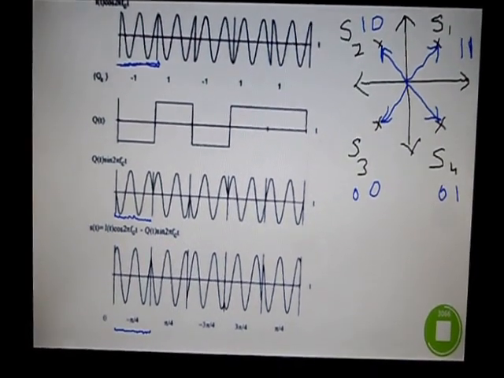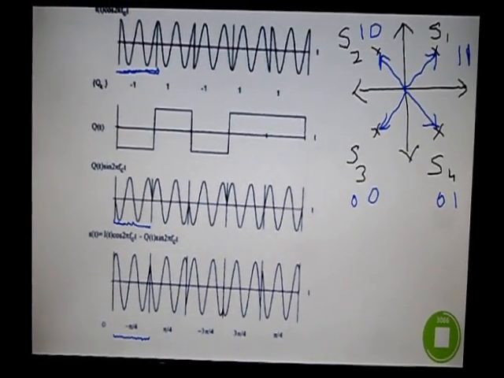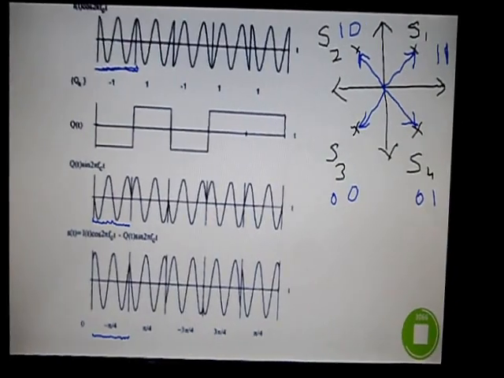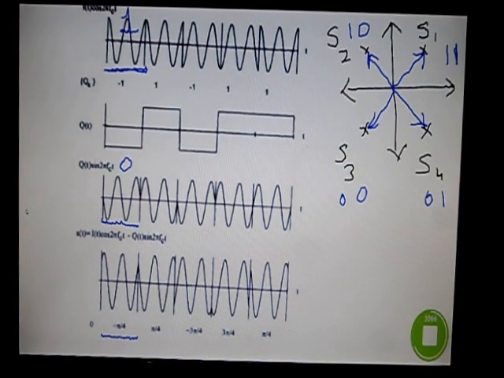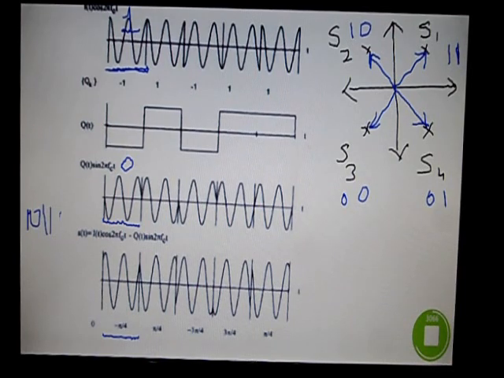Now, what actually do we need to transmit? In your data sequence, you have 1 and 0. This is for 1, this one is for 1, and this one is for 0. If you recall, your data sequence was 1 0 1 1 0 0 0 0 0 0 1 and so on, right?